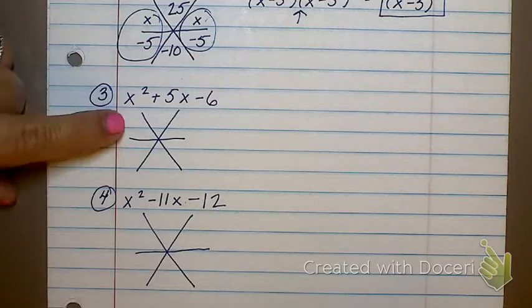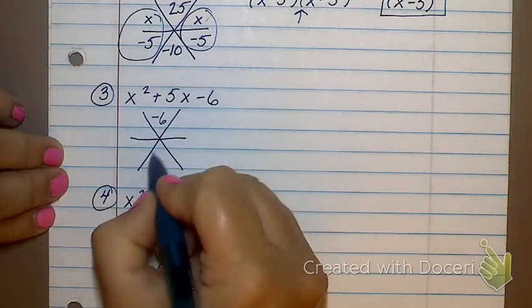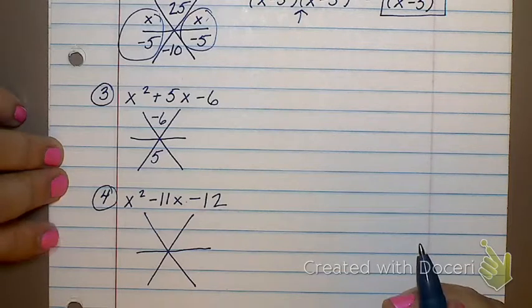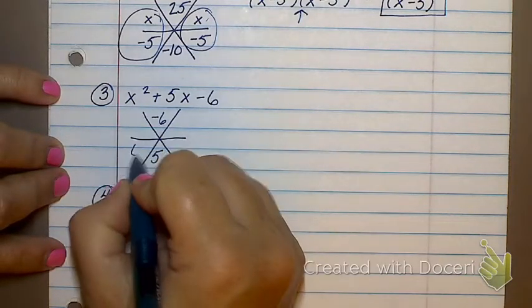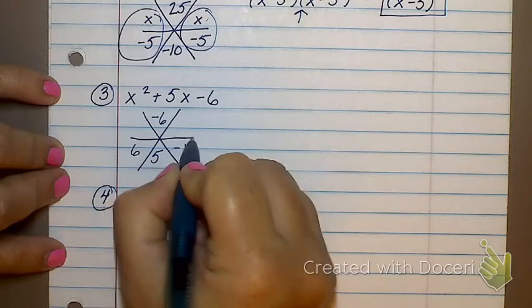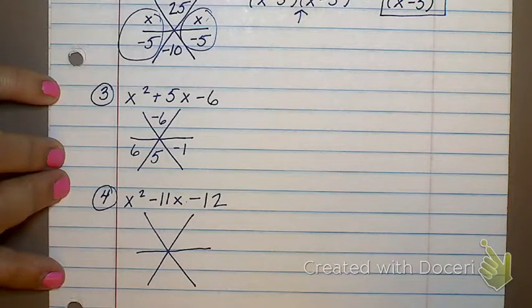All right, number 3, what goes on the top? And on the bottom? What are 2 numbers that multiply to get negative 6 and add to get 5? 6 and negative 1. Are there any other options that would multiply to get negative 6 and add to get 5? No. Every other combination will either make one of them negative that's not supposed to be negative or something.